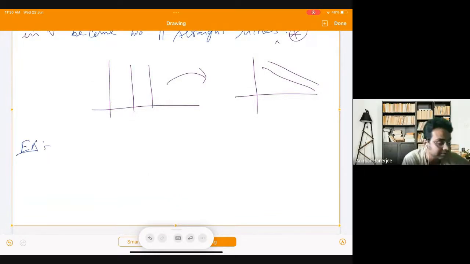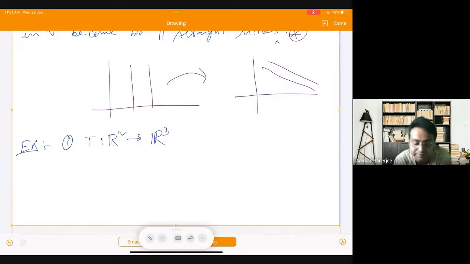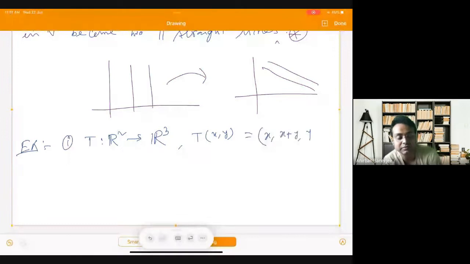Now take an example. Let's say that we have a transformation. We have to figure out whether it is linear or not. It maps from R2 to R3, and the map is defined by: if you take a vector with the coordinates x comma y, then it will give you, of course, it needs to produce a vector in R3, and then the coordinates will be x comma x plus y comma y.